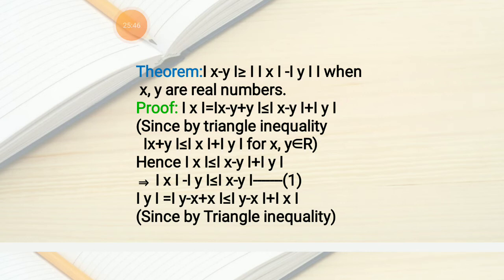This is the triangle inequality. In this we have taken x as x minus y and y as y. So mod of x minus y plus y is less than or equal to mod of x minus y plus mod y. Hence mod x less than or equal to mod of x minus y plus mod y. You send mod y to the left side: mod x minus mod y less than or equal to mod of x minus y.